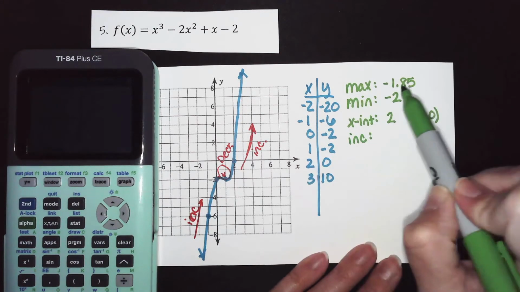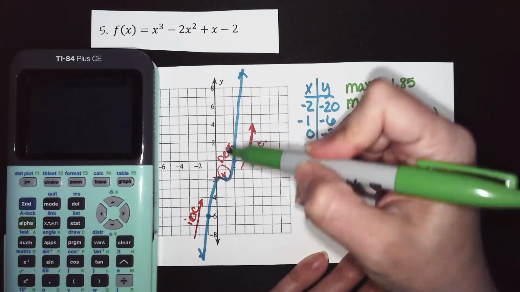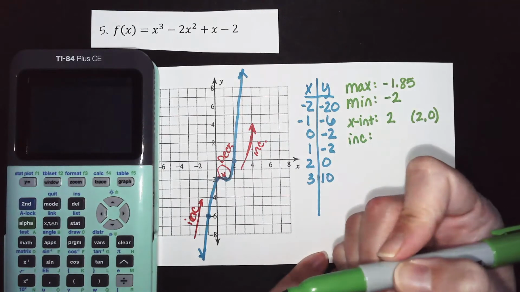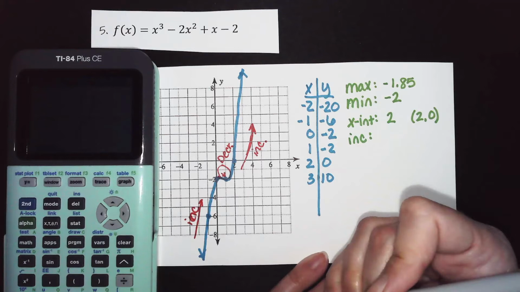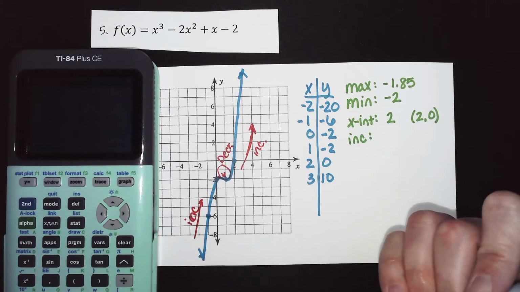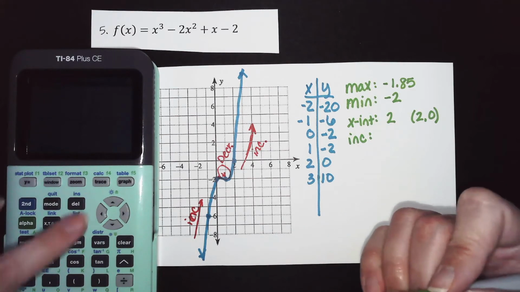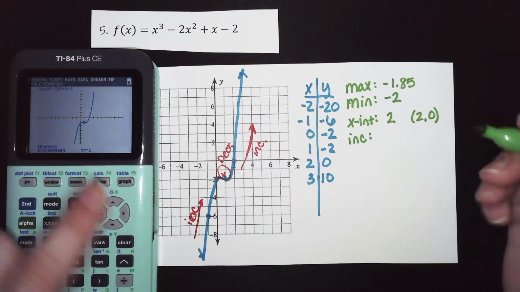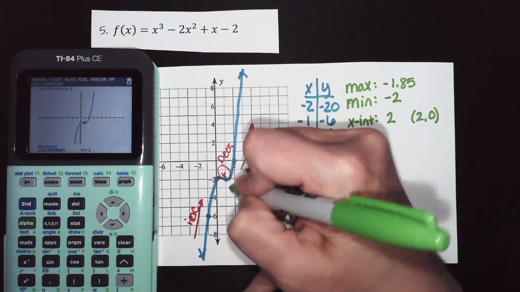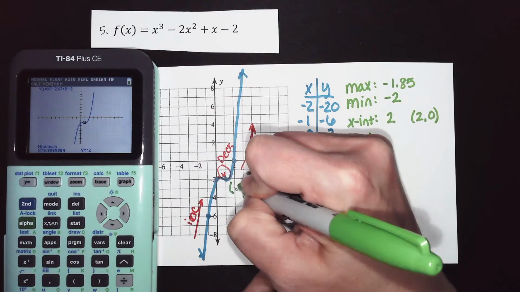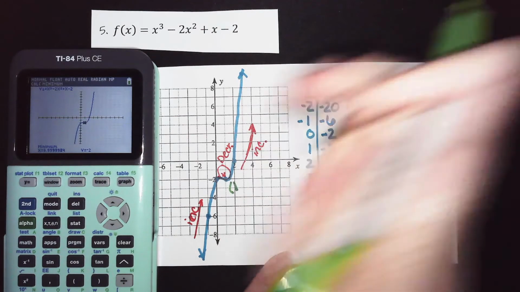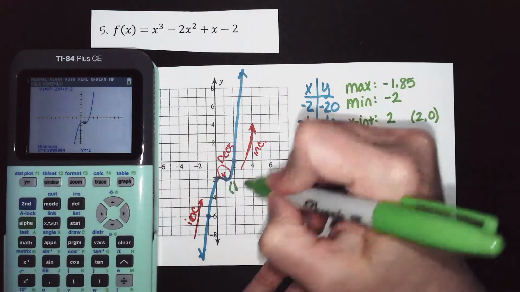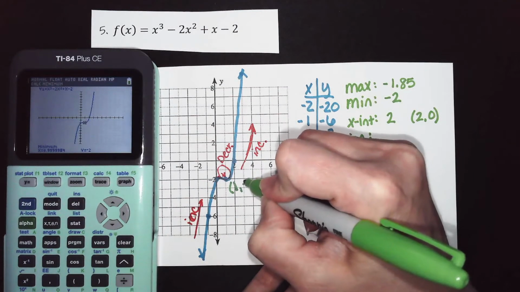so I know what the y value of that max was. I really kind of need the x value because increasing and decreasing is talking about from left to right. So it's talking about the x values. So if we come back to the calculator before it falls asleep, well, I know this one, my min here was at, well, it's basically 1.9, rounds to 1.0 or whatever, negative 2.